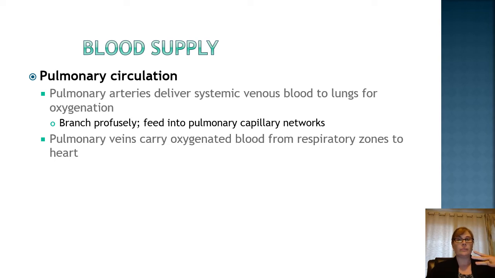And those particular vessels branch and end up becoming those pulmonary capillary networks that surround the alveoli. And then the pulmonary veins are going to carry that oxygenated blood from those capillaries and return to the heart to be pumped to the left side of the heart.